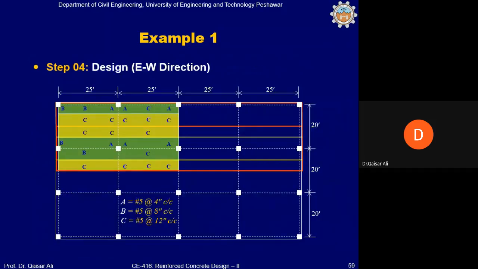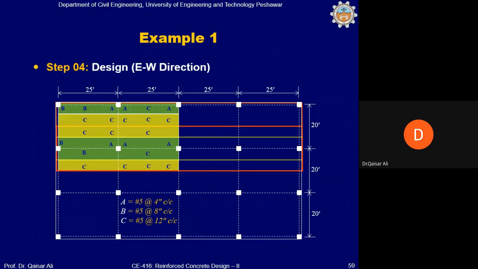Next is the design. The final design outcome has been given on this slide. However, to reach this outcome, you will first have to select the bending moments for design.